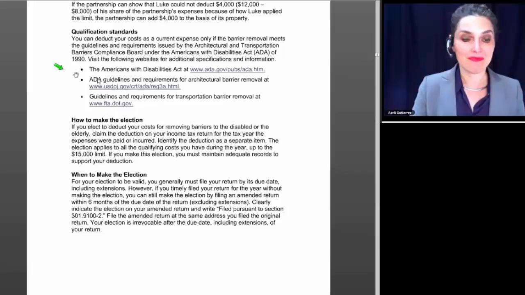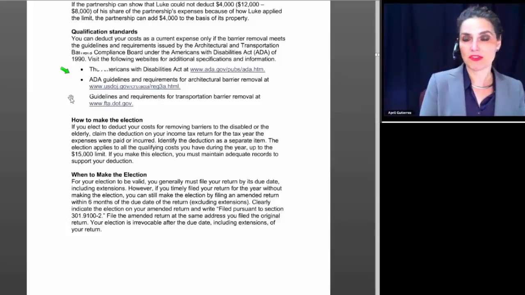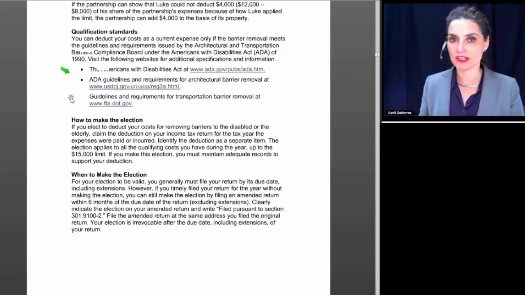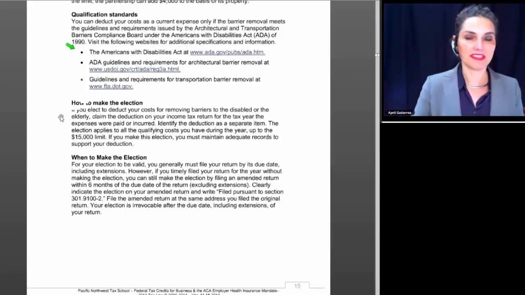They're basically saying, well, you have to go to the websites of these different organizations to further read definitions if you are at all concerned about whether or not a particular expense is going to qualify as a disabled access improvement that could be eligible either for the disabled access credit or the disabled access improvement deduction. So any questions, I recommend you go follow the links here.